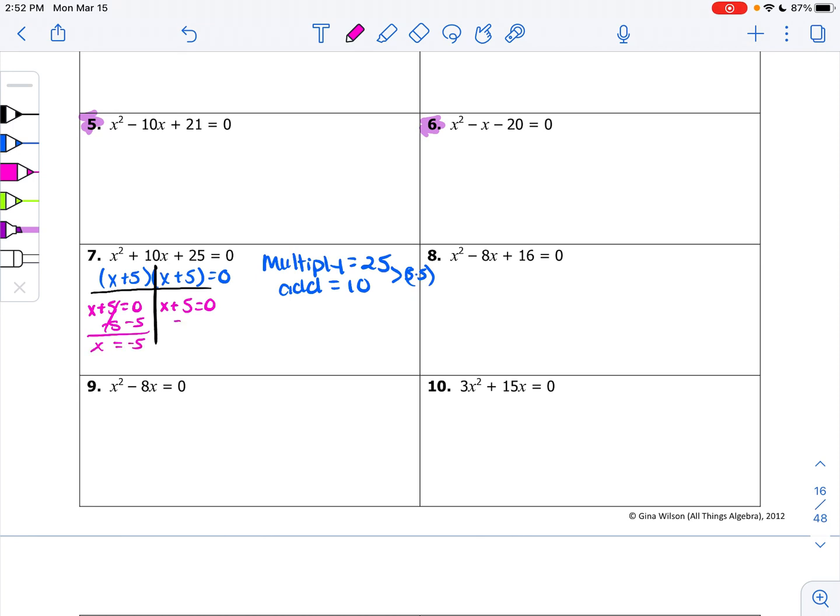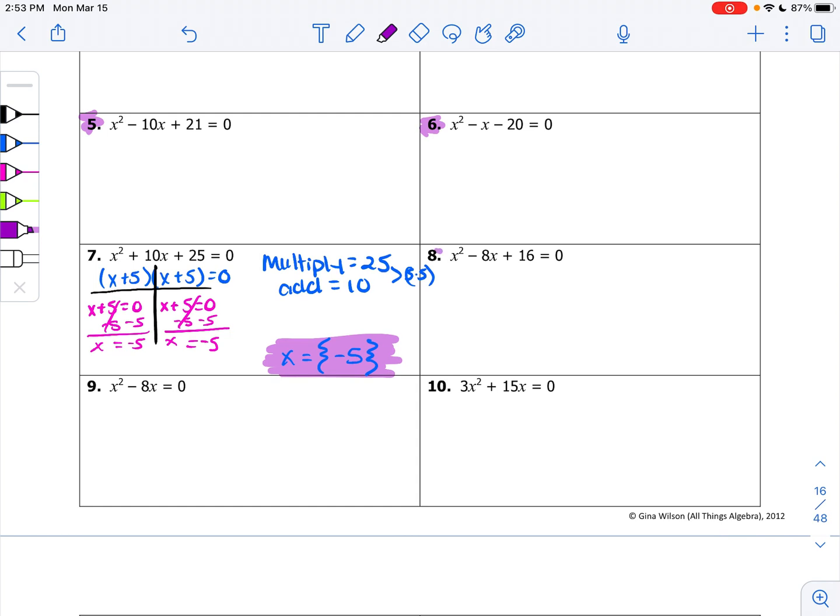We do the same thing on the right, subtract 5 from both sides, x equals 0 minus 5 is negative 5. Now, since I got the same thing when I factored it, I only have one solution. So x equals bracket negative 5 would be the solution to this quadratic. So if I'm visualizing what it looks like, it would cross the x-axis at 1 point.